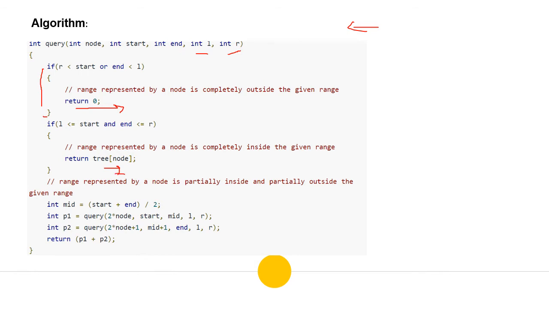Else what we do is that we find the center, and we branch the tree out into two parts. One will be from start till mid, and the other will be from mid till end. And we call this query function recursively in those. So in this way we can find the sum query in a faster way.